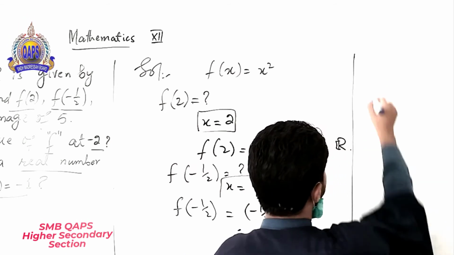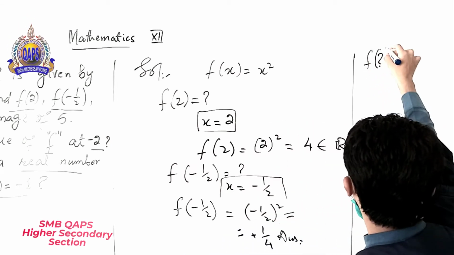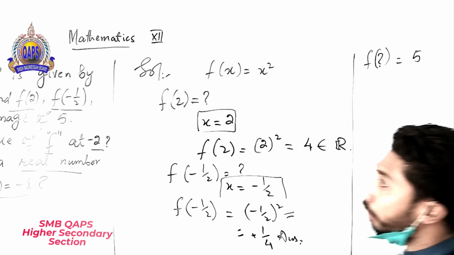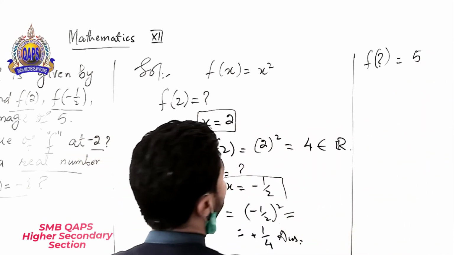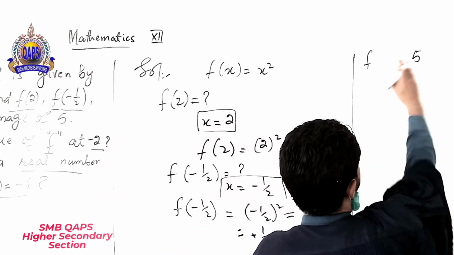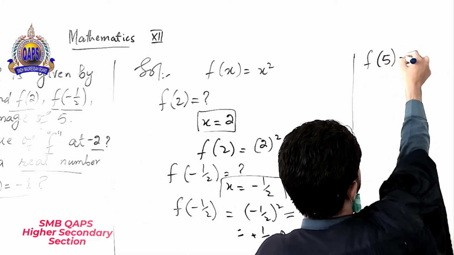Now f of x, the value of x is what, then the image of the function is 5. What is the image of 5? If we put x equal to 5, then what will be the result?